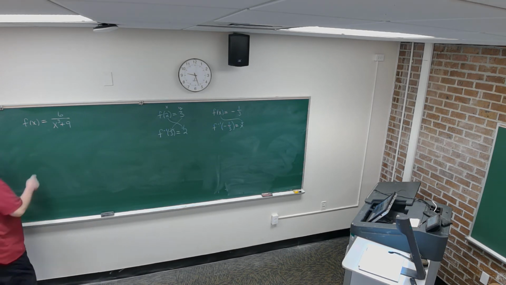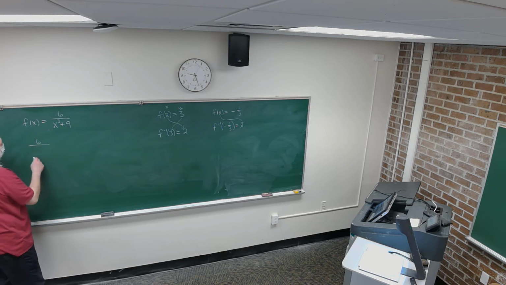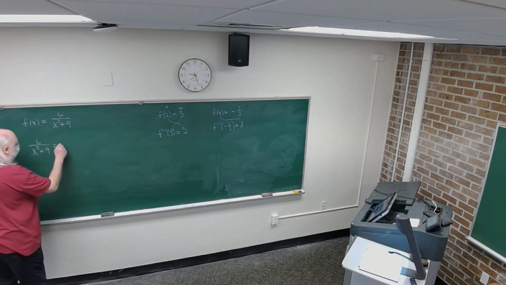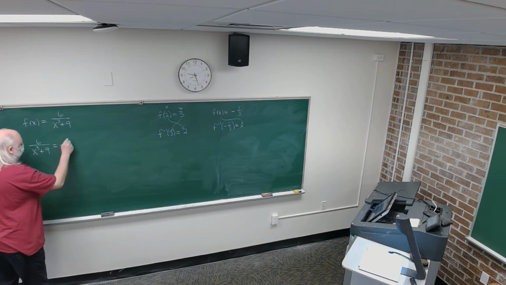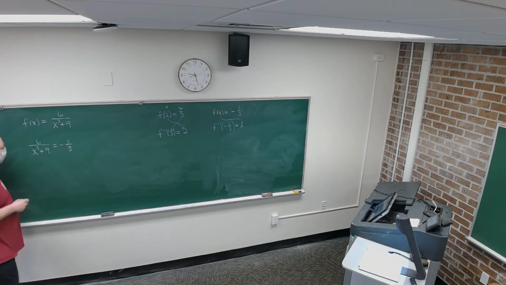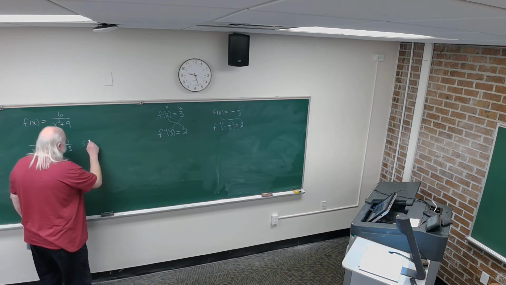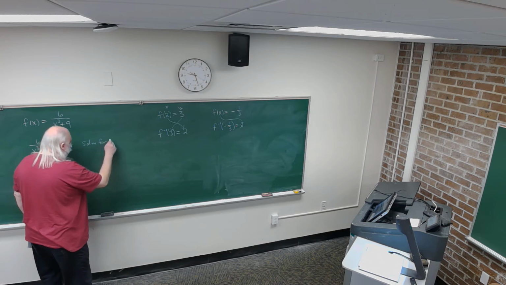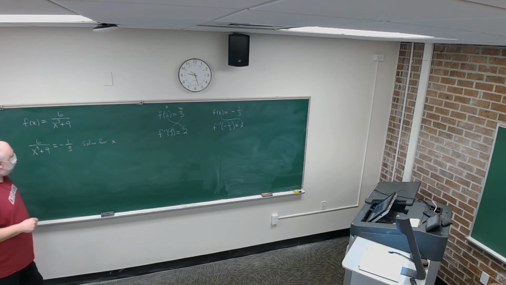So we can set the right-hand side equal to minus 1/3, and then solve for x. So that will give us the value of x where f of x is equal to minus 1/3.